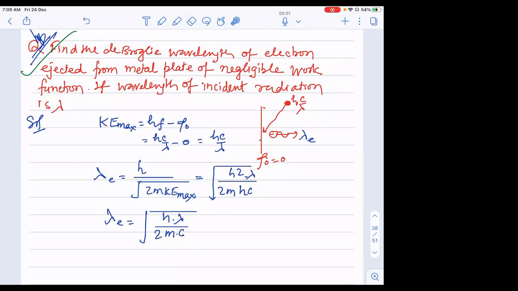This is a good question. Combination of both the topics, de Broglie wavelength and Einstein's photoelectric effect equation. If the work function was not negligible, then one more term would come here.